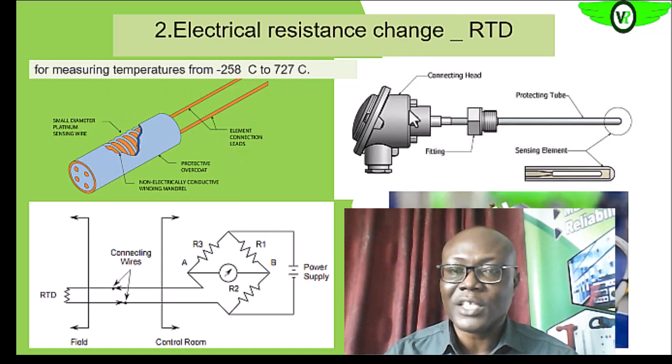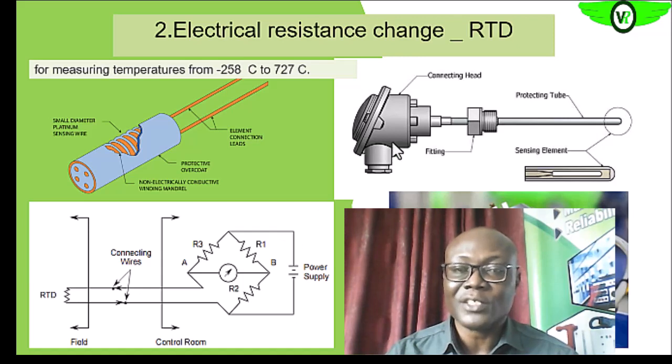Since it is connected to the Wheatstone bridge, which could be here or in the transmitter, especially if it is coupled to your transmitter, the imbalance that will be caused will cause the generation of voltage.